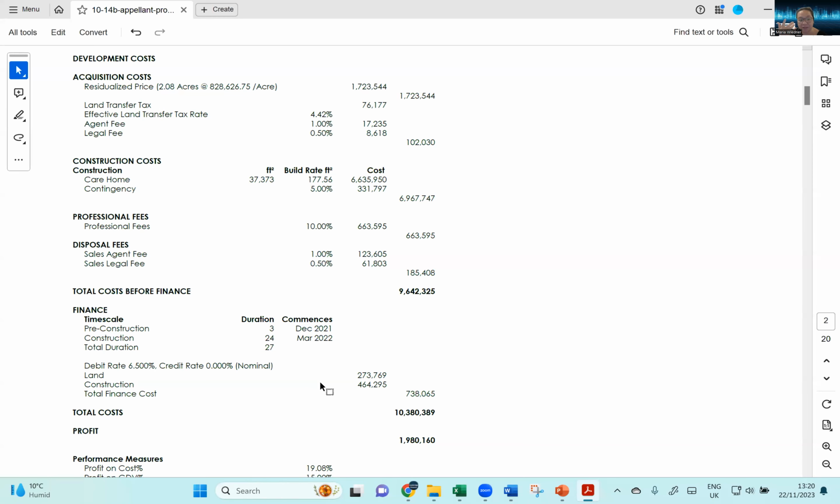So I think that's the reason why they put 100% on the cost. So the 6.5% is not really your debt finance cost, it's your opportunity cost. It's more like thinking about the impact of time on your profit rather than actually your cost of debt finance.